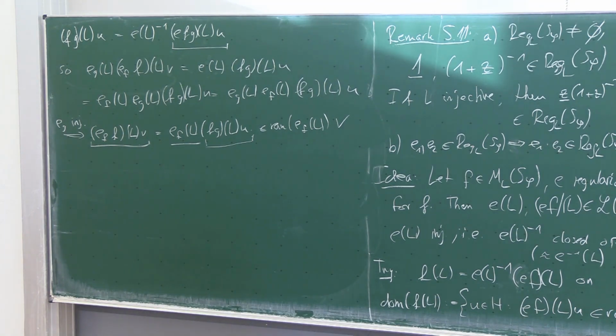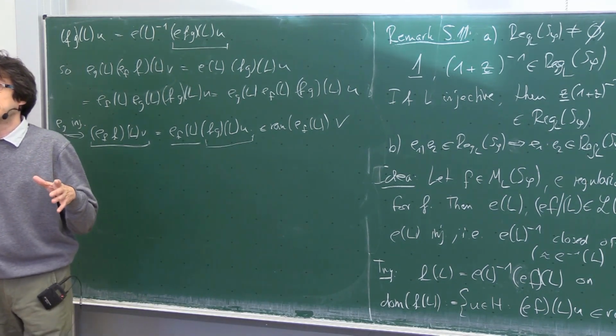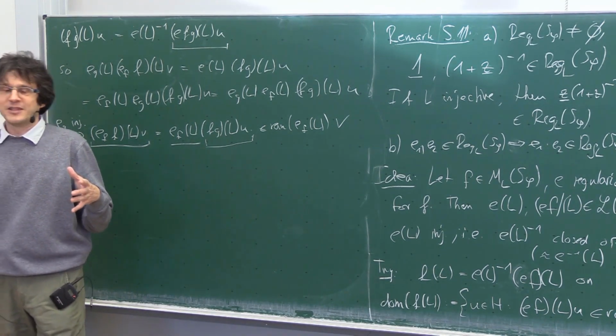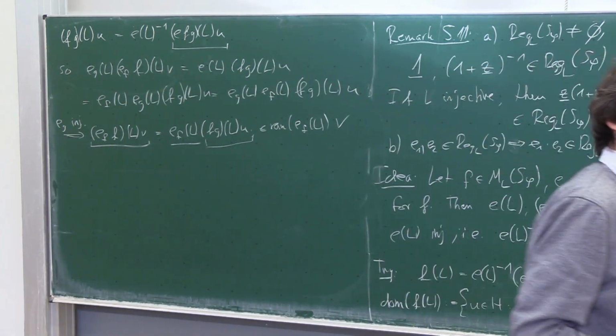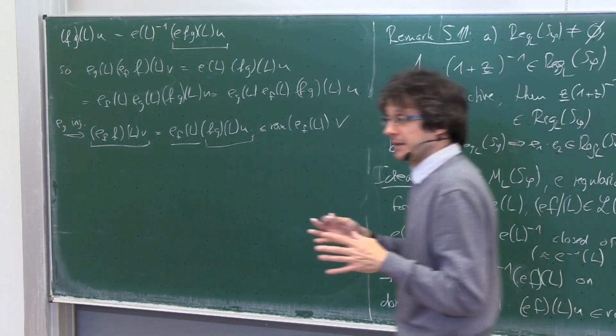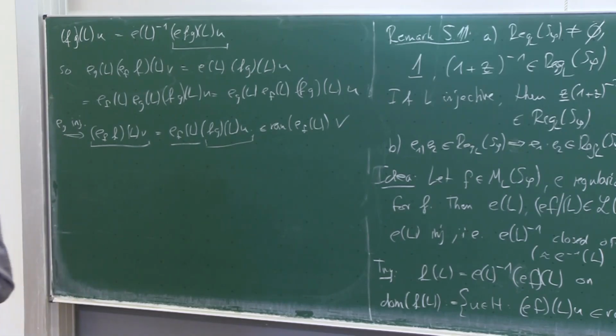Okay, so this gives us the nice information that our extended functional calculus, okay, it's not an algebra homomorphism, it cannot be, because this image thing of closed operators is not an algebra, but it's close enough.